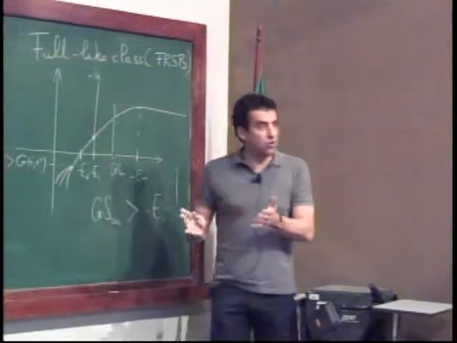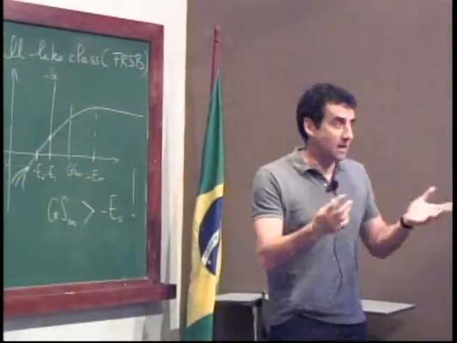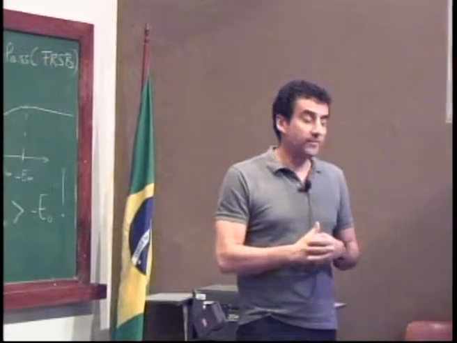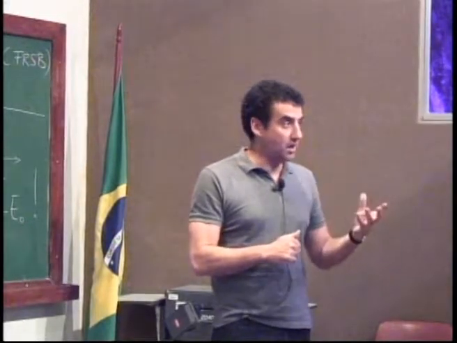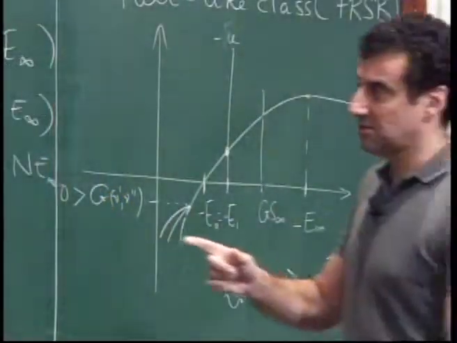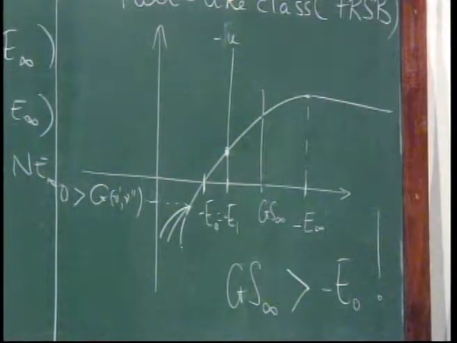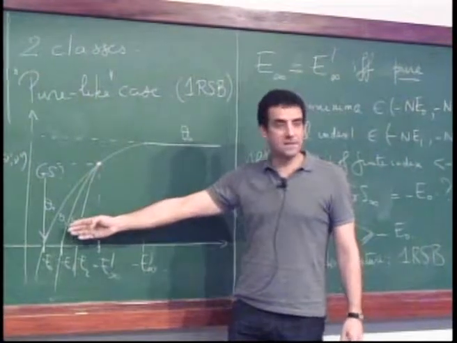It's called the Cugliandolo-Kurchan dynamics, and we've established with Alice Guionnet and Amir Dembo some time ago that the limit is correct. So now the problem would be to study these limiting dynamics in large time. It's clear that in this class, the Cugliandolo-Kurchan dynamics that I will introduce later cannot work down to equilibrium.